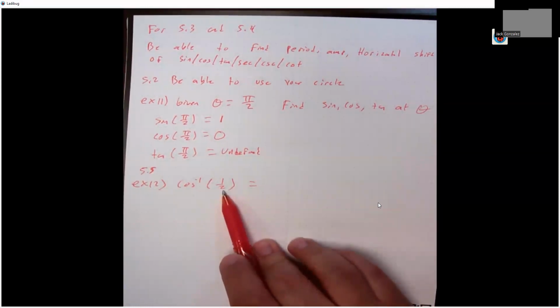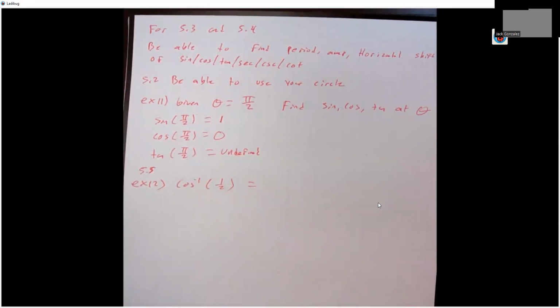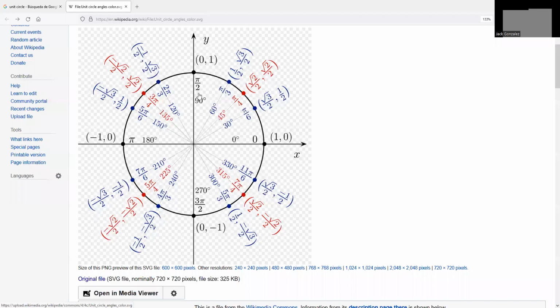And then you have to remember where cosine inverse is defined. I believe it's the top half of the circle, at pi/3. For cosine inverse, you only look at the top half. Since it's a positive value, it has to be this half. If it had sine inverse, you'd be looking at the right half. Same for tangent inverse, those are defined over here.